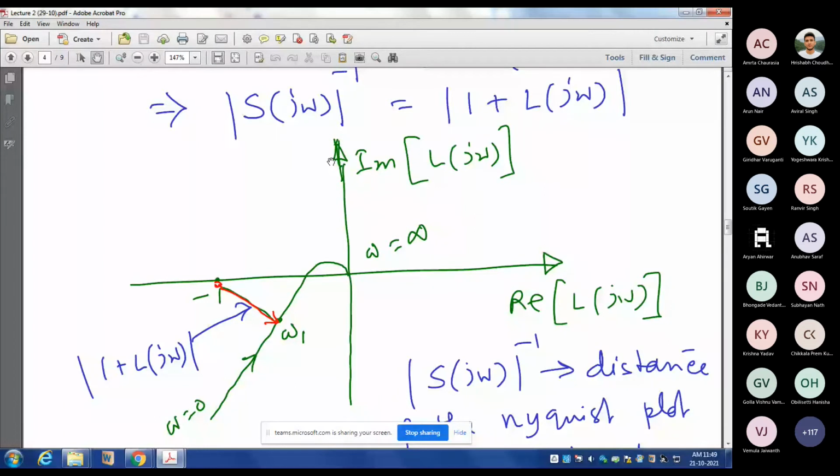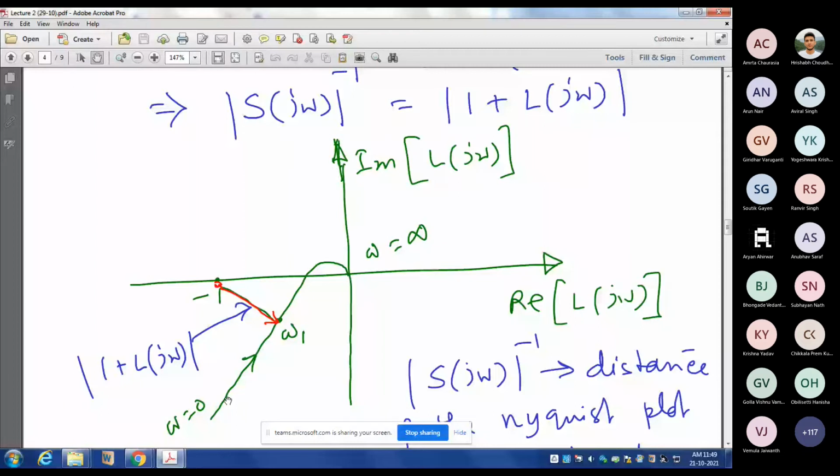Nyquist plot is drawn on the L j omega plane, because it is for loop transfer function. So this is the real axis, this is the imaginary axis, real of L j omega, imaginary of L j omega. So this is your L j omega plot, the typical L j omega.